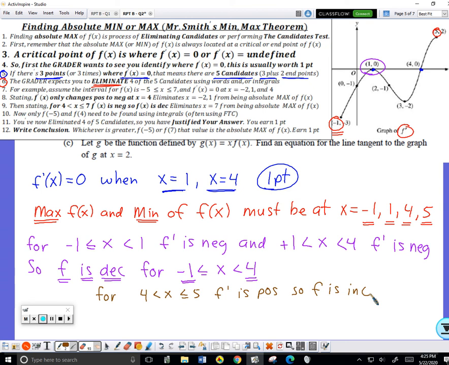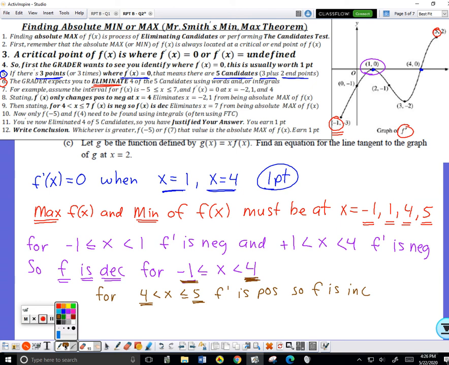Well, that means starting at x equal negative 1, f went down until we got to x equal 4. F stopped going down. Then from x equal 4 to x equal 5, f went up. I've just figured out that the lowest point on f must be at x equal 4.